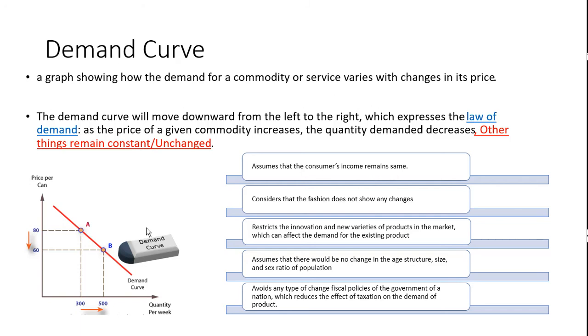But since my income increased at the same level, my ability remained constant. So although the price increased, it will not affect my demand. So the first assumption which you have to consider is that my income remains constant. If it increases or decreases, then we have a problem.